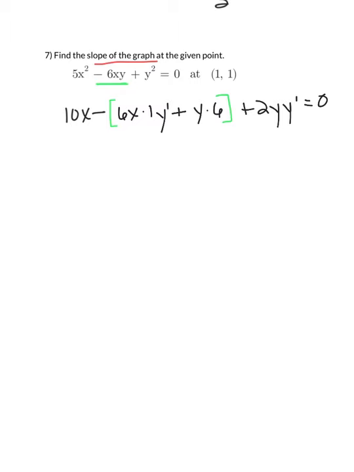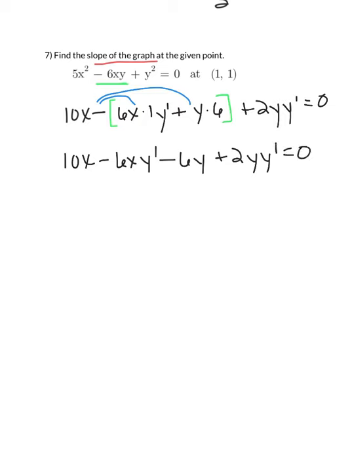We need to distribute our negative and clean up the terms a little bit. So we're going to have 10x minus 6xy prime minus 6y plus 2y prime equals 0.